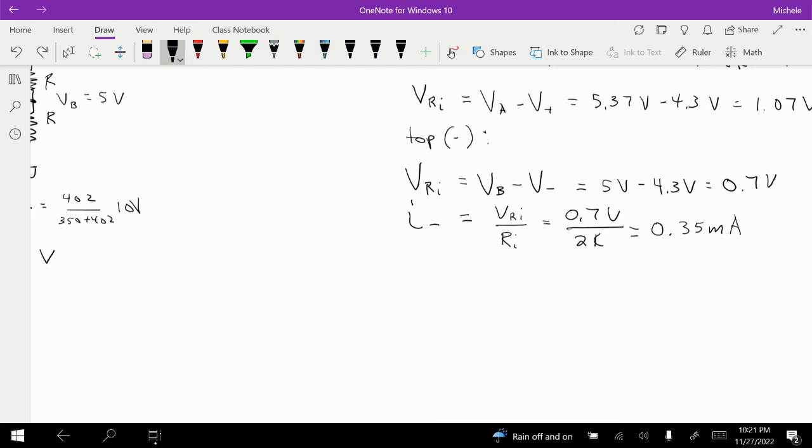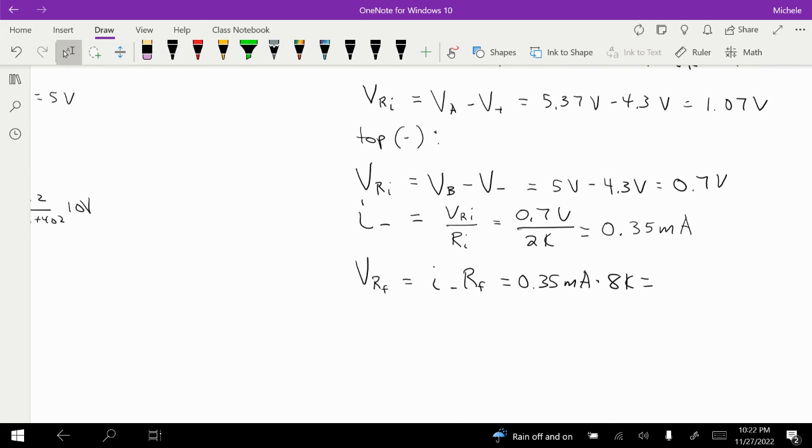First, V of RF is going to equal I minus times RF. That's equal to 0.35 milliamps times 8K, which is 2.8 volts.